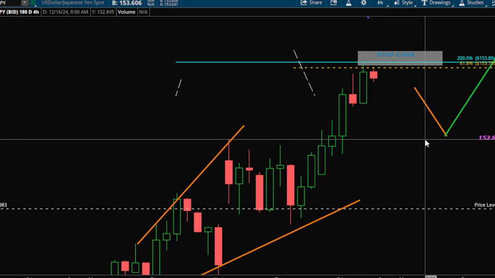If it's going to correct more of this leg or more of the entire leg, right?